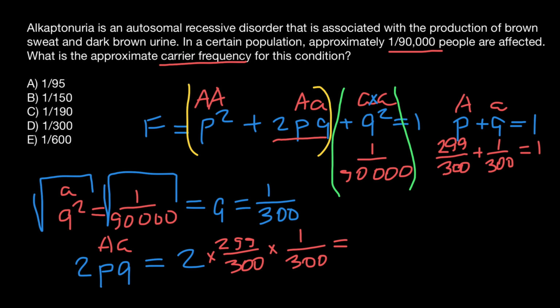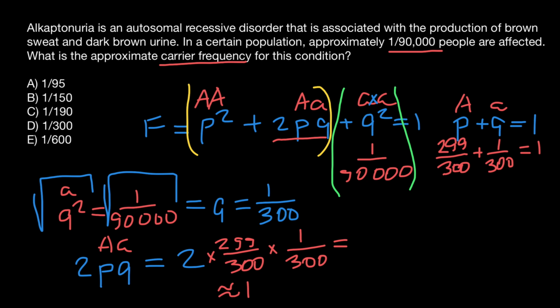So what are we going to get here? 299 divided by 300, we can say without even a calculator, is approximately 1, because we divide almost the same number by the same number. So here we basically have 1, and 2 times 1 is 2, divided by 300.